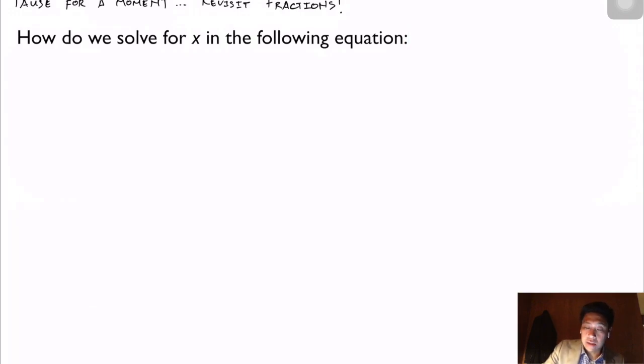So our example here, e.g., for example, 2 equals x times 3 over 5. I know that's weird that I'm putting the variable first, but there's a point to it.